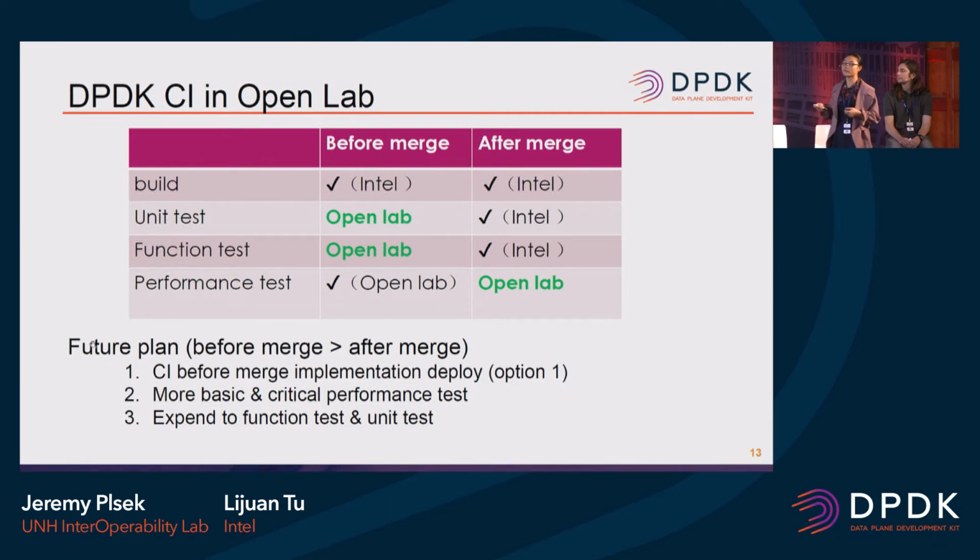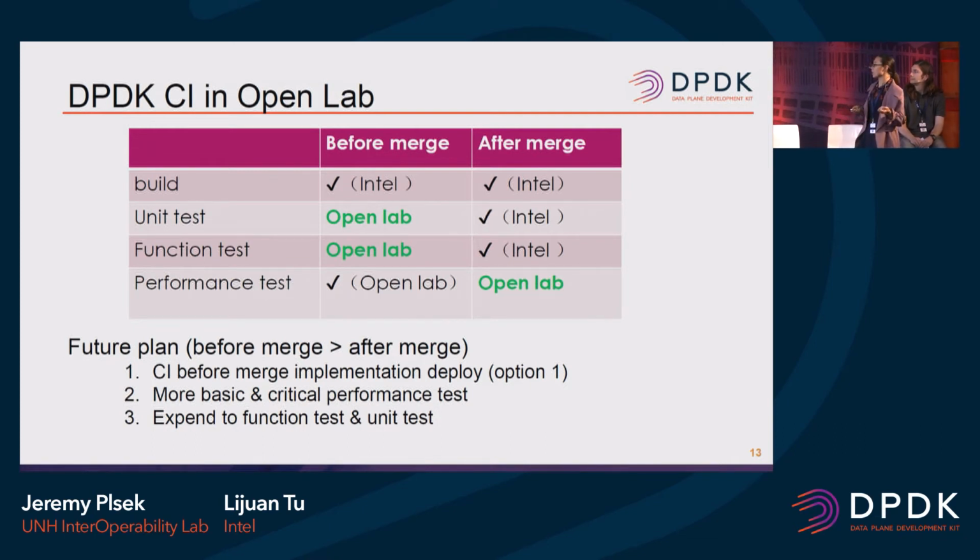Of course, we will first try to do some implementation in our Intel lab, and when the option is stable, we will move to the Open Lab and implement it there, and everyone can use the Open Lab and get the benefit.